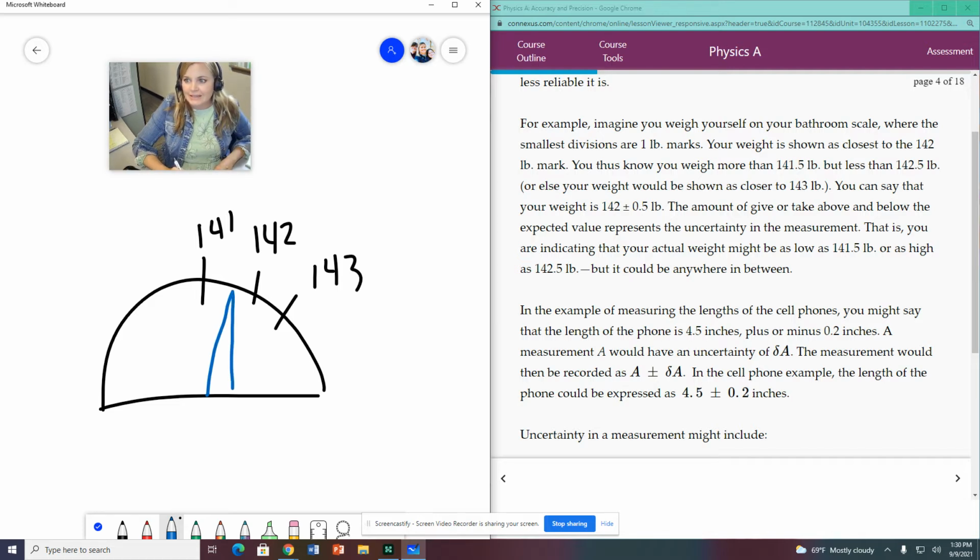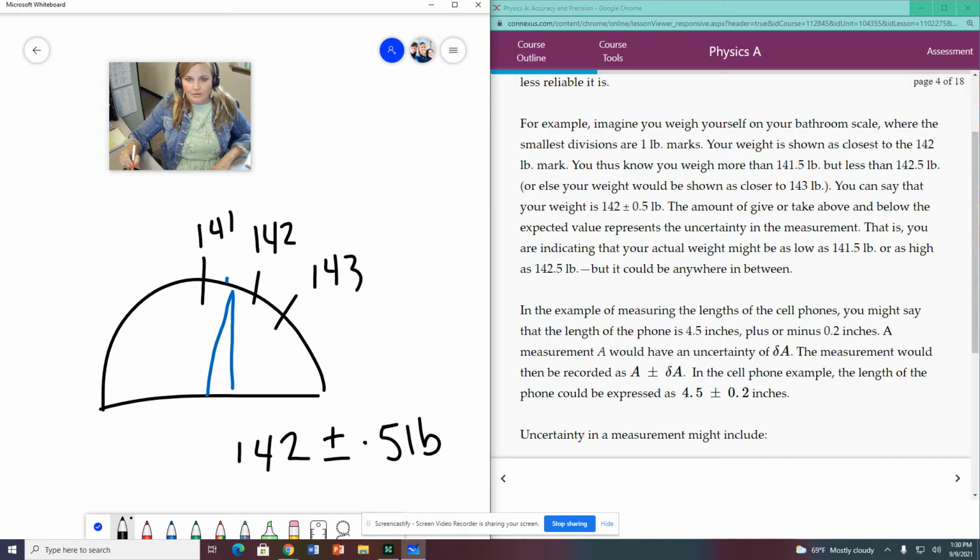What this is saying is that your weight is more than 141.5 because it's greater than the halfway mark there. It's more than 141.5, but less than 142.5. So your weight is going to be 142 plus or minus 0.5 pounds.